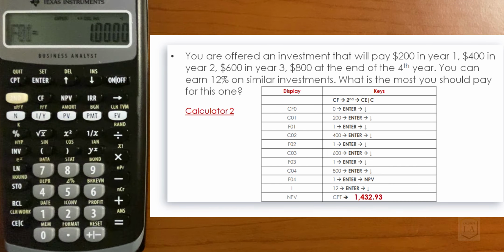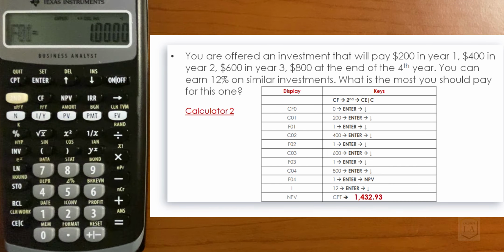How many times will you have that number? In all cases in this course, you will just leave it as default, which is 1. We're just assuming that that particular number will be realized just once. So 1, enter, down arrow.